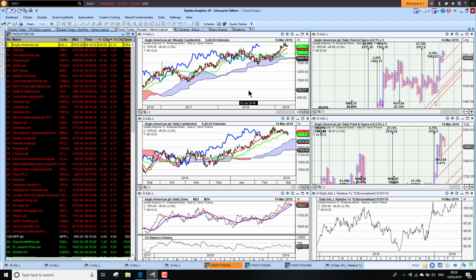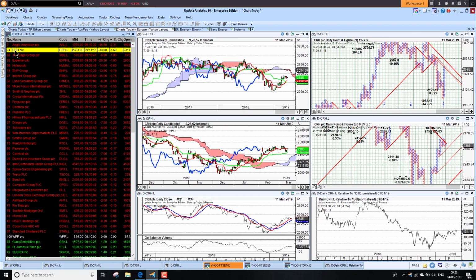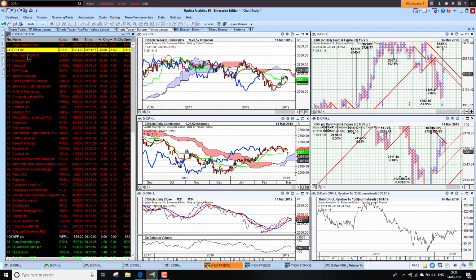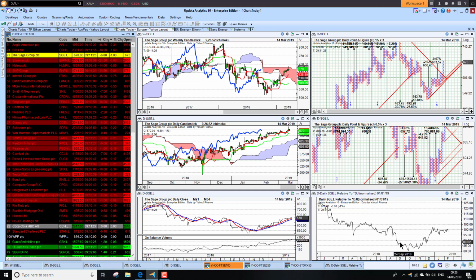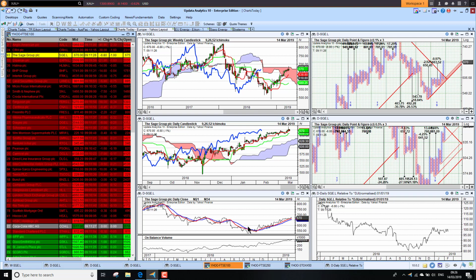But the chart still looks amazing, so don't be put off by that 2.3%. CRH also has work to do to really look bullish again. We've got an upside target, but we've got to make a move to a new high to activate that. Sage, their recovery is underway. We've got upside targets and downside targets, so still quite a mixed picture, but we can see here that we've had an improvement in performance so far this year.